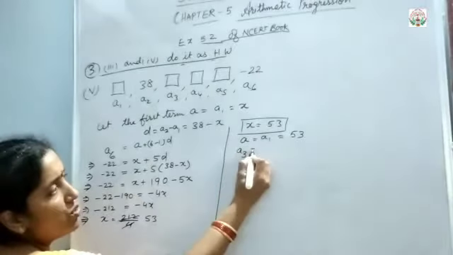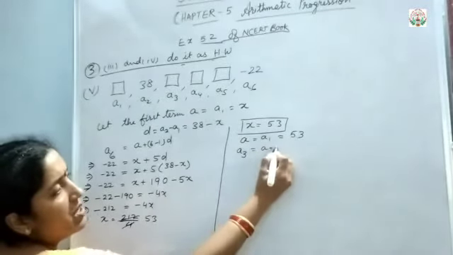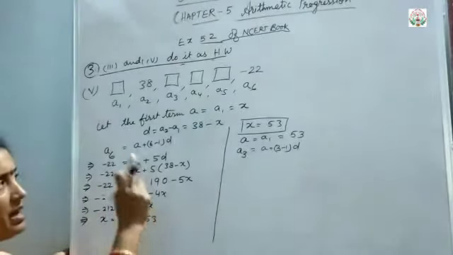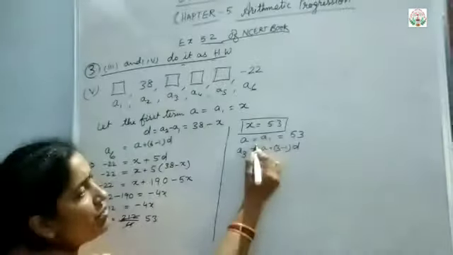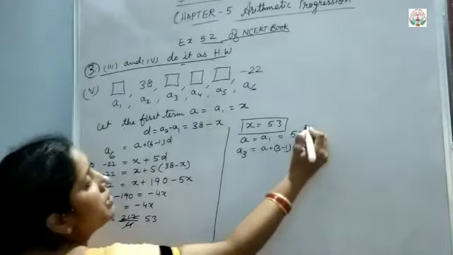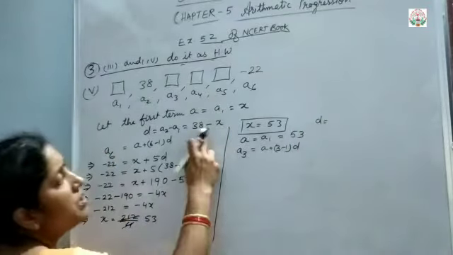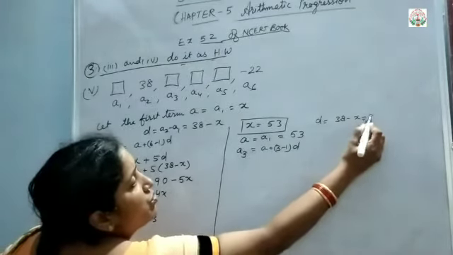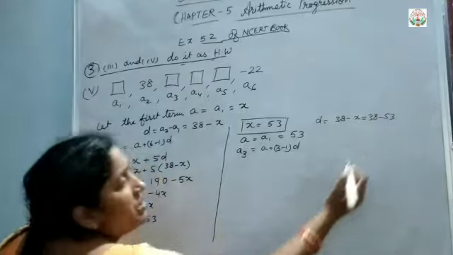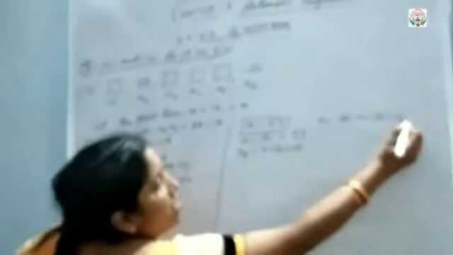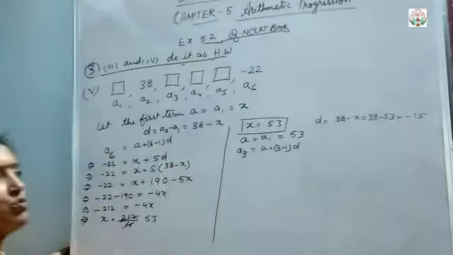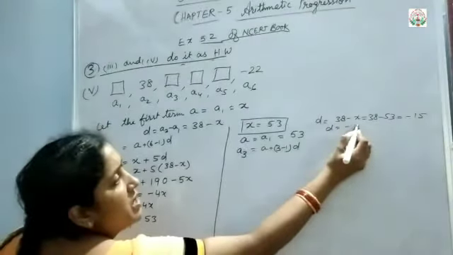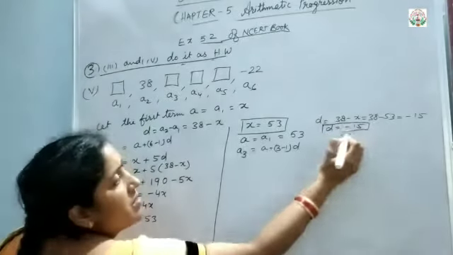A3 equals A plus 3 minus 1 into D. Before that we need to find D. D equals 38 minus X, which is 38 minus 53. On subtraction we get minus 15. So the value of D is minus 15.